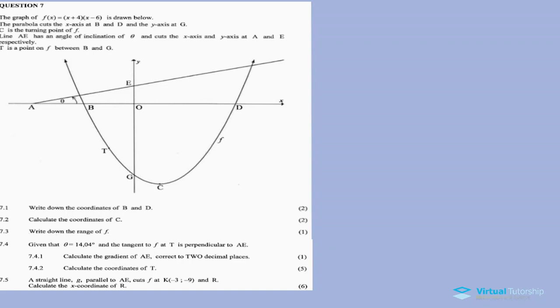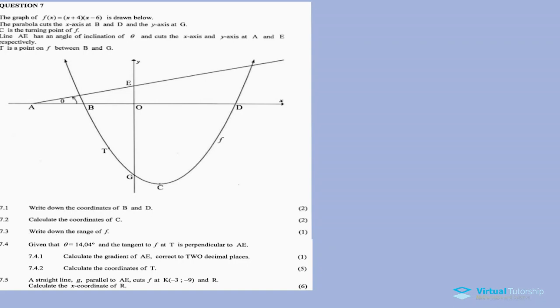Right, question 7. The graph of f is drawn below. The parabola cuts the x-axis at B and D and the y-axis at G. Point C is the turning point of f.